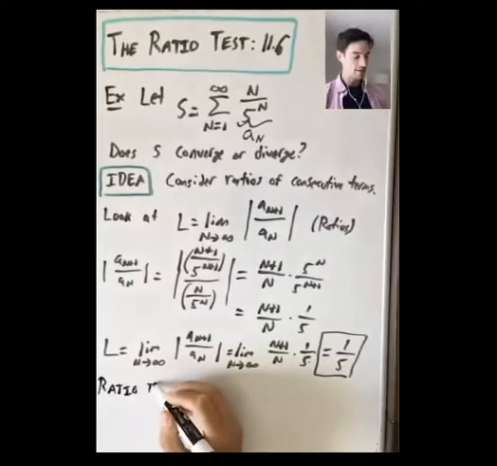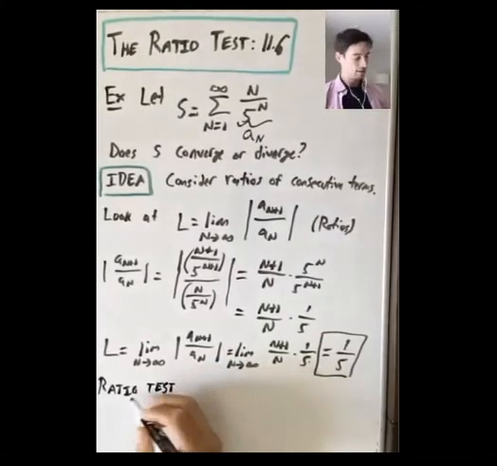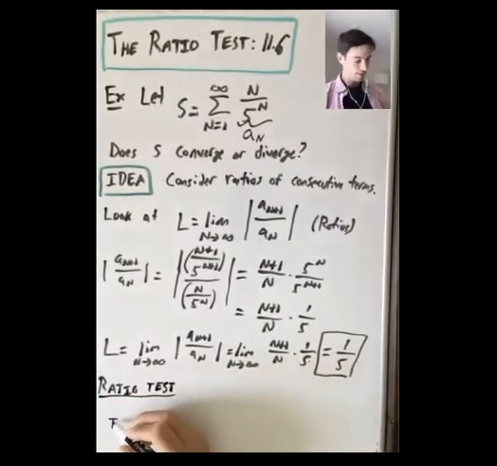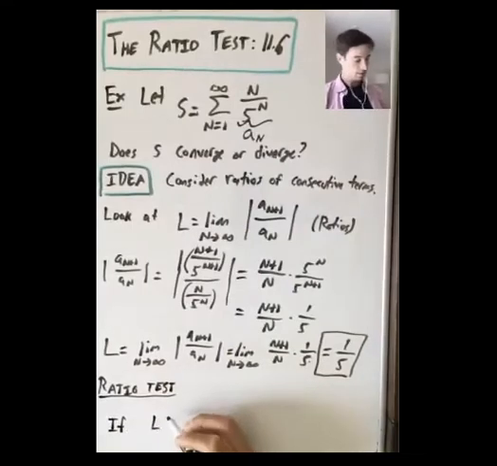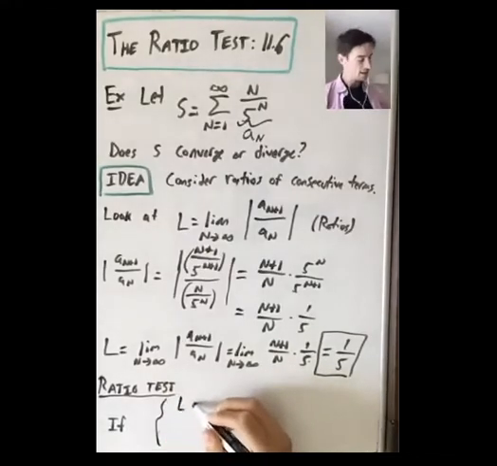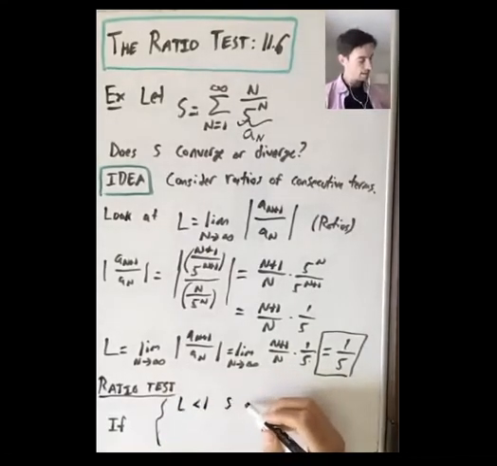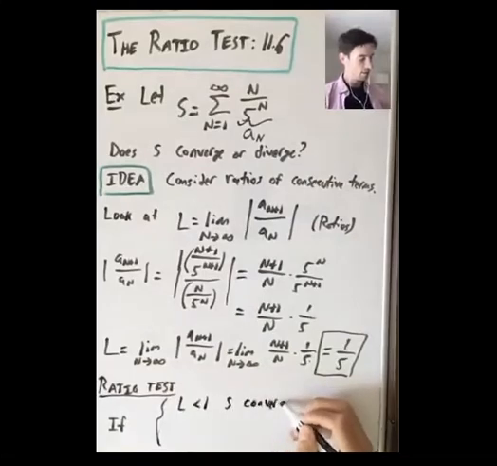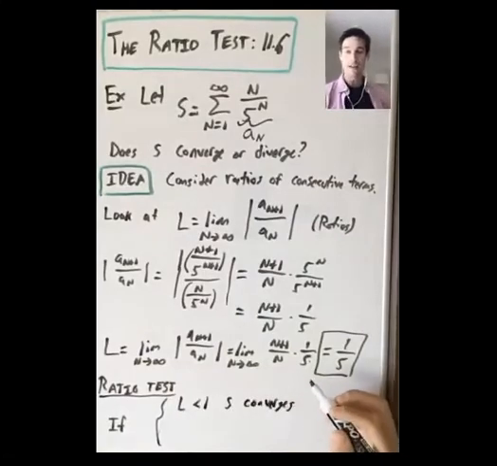The ratio test says if L falls into 3 different categories, we can say different things. So if L is less than 1, S converges. It says even more than that.